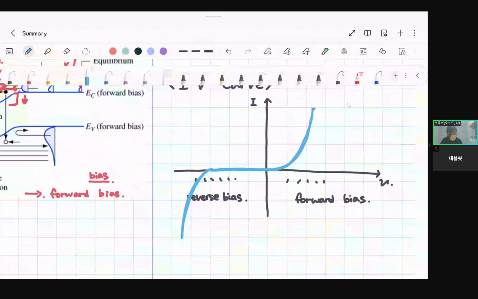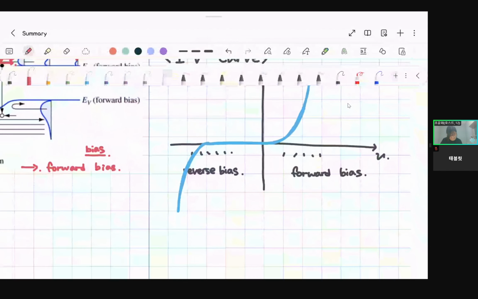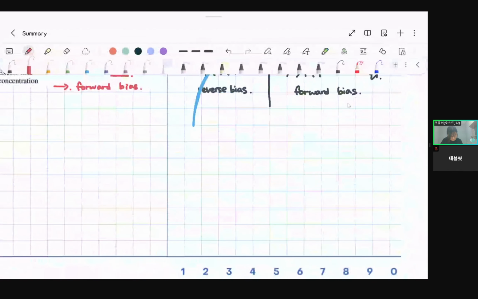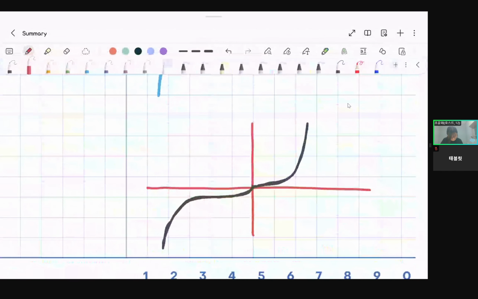So we can draw the IV curve like this, but to draw the IV curve more exactly, we can draw like this. I exaggerated this y-axis.